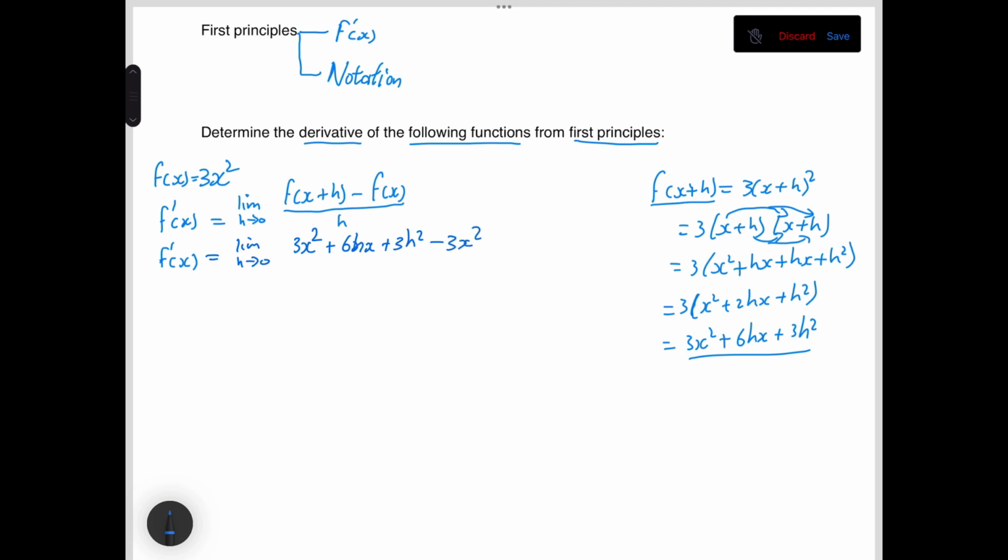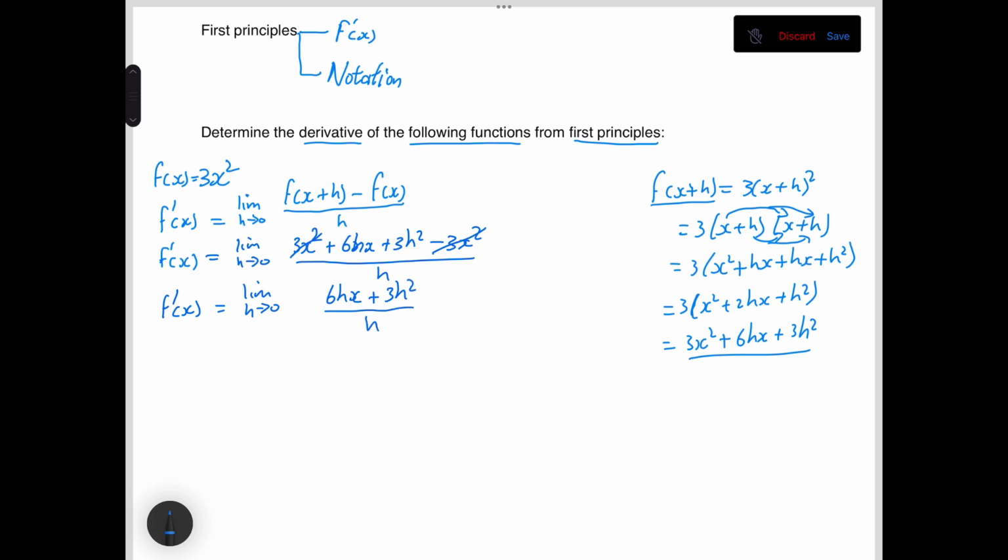Now we substitute directly here without brackets because we only have one term. So we cancel those two out. They are opposites of each other, 3x squared and negative 3x squared. Remember, notation is very important. h strives towards 0. That gives me 6hx plus 3h squared on top.